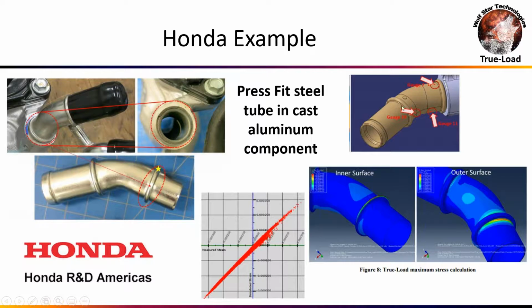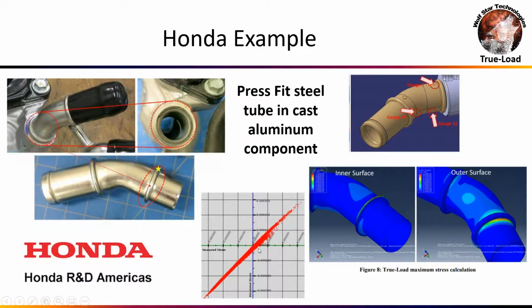They've got thermal, they've got pressure, they've got mechanical interfaces going on here, and they were having some fatigue cracking, and they needed a way to figure out what was causing these issues. So they were able to very easily go in and use TrueLoad and place strain gauges on this tube to back calculate the loading environment.